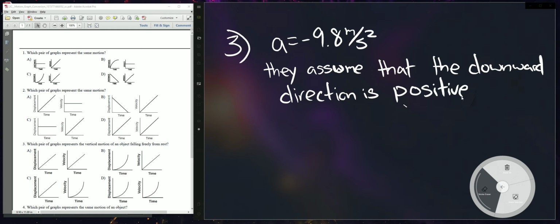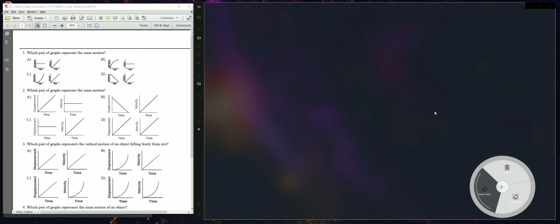All right, so if they're assuming the downward direction is positive, then that must mean that my acceleration is 9.8 meters per second squared down. All right, so they're assuming that your downward direction is positive.